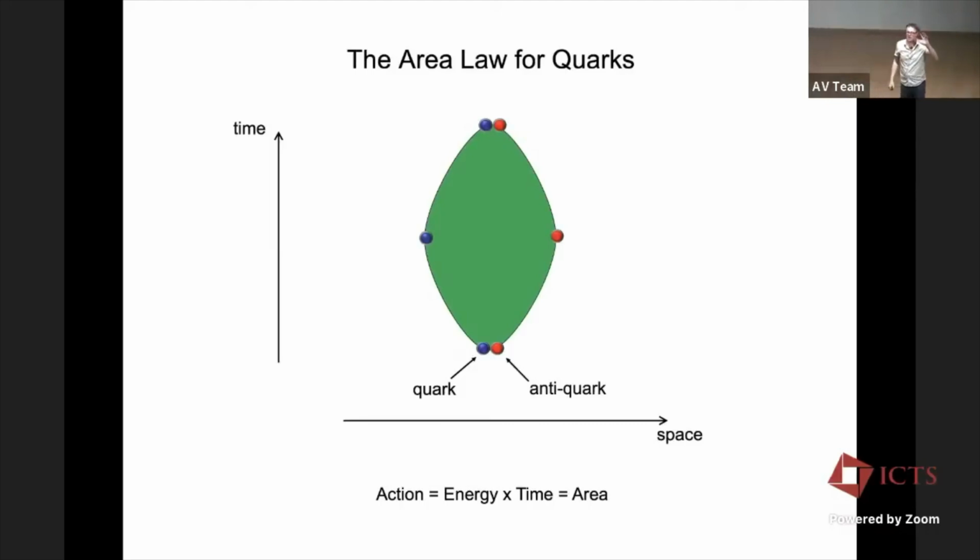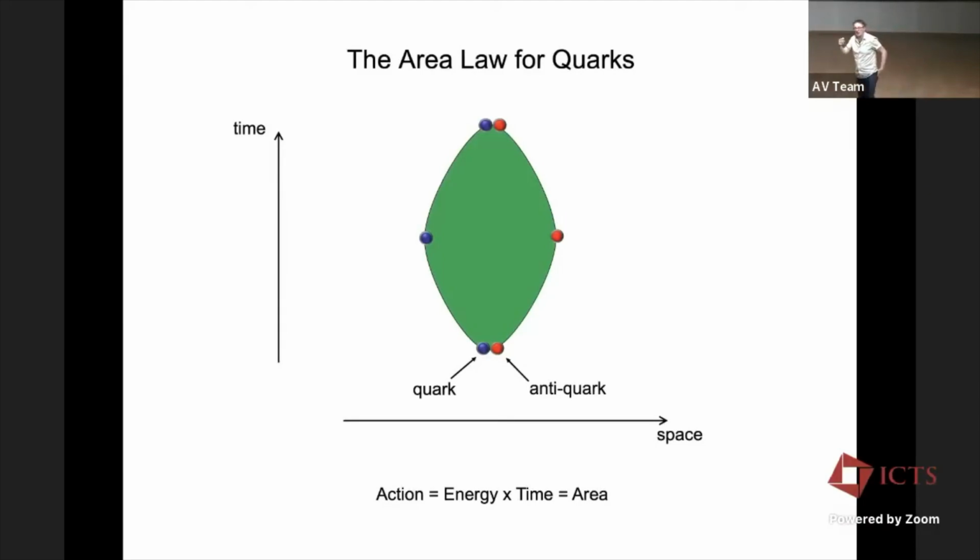For those of you who know, a slightly better way of saying this is about the action, but if you don't know what the action is, don't worry. What you do is you just multiply the energy times the time. So the energy is at every point proportional to the distance between them. So what you get when you compute the integrated energy is actually the area of this green oval.